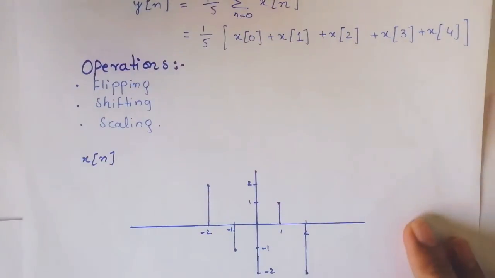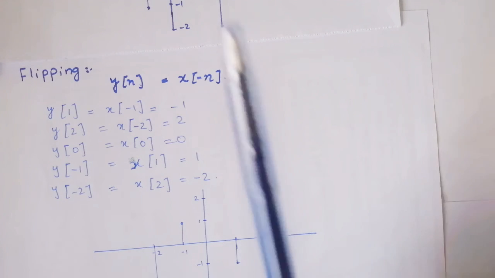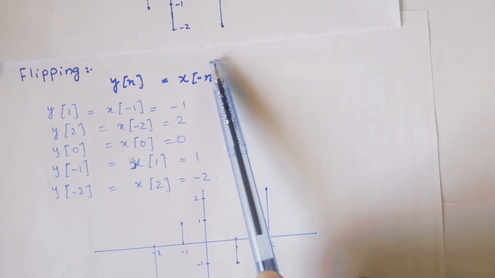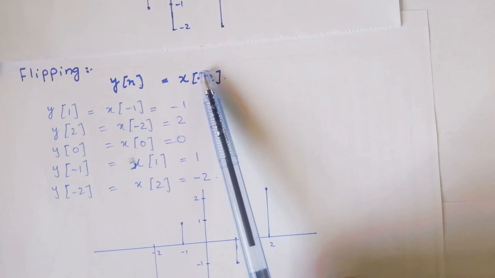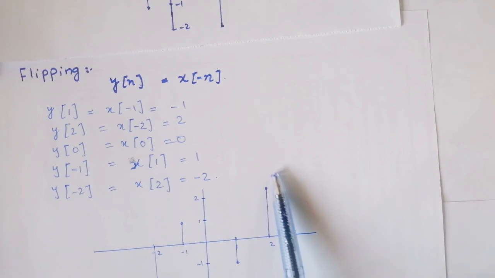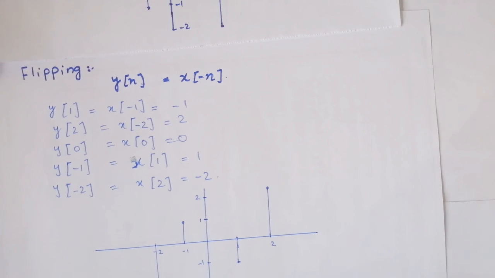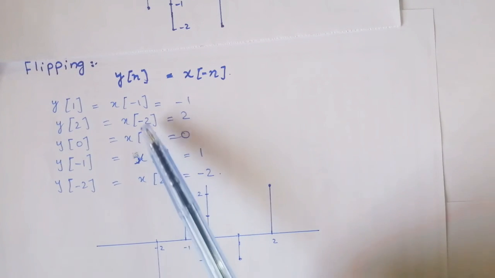Suppose there is a signal x of n. Flipping means when you multiply an index with the negative sign, it flips your signal, so that the positive values turn to the negative side and negative values come to the positive side. So here is the mathematical representation.